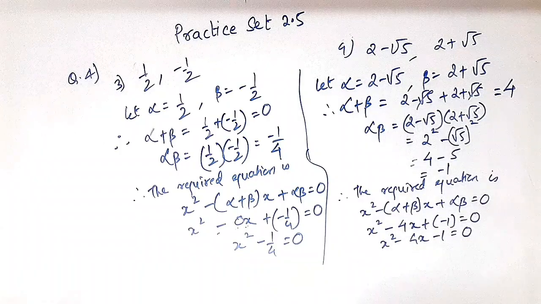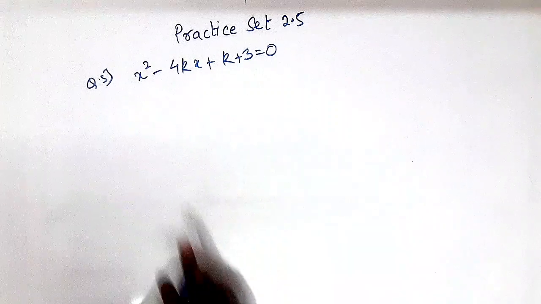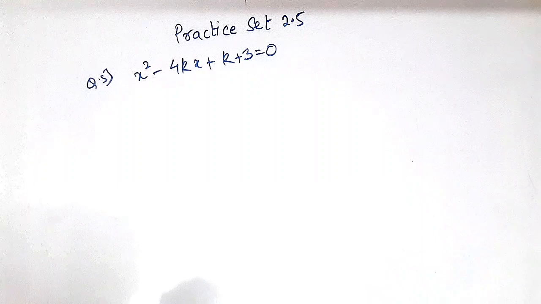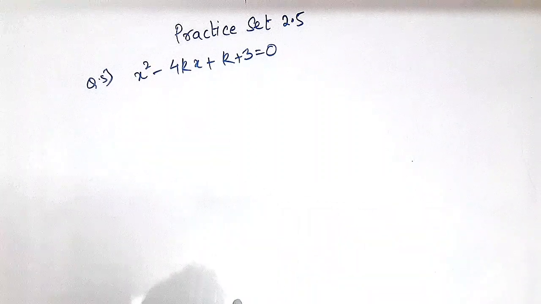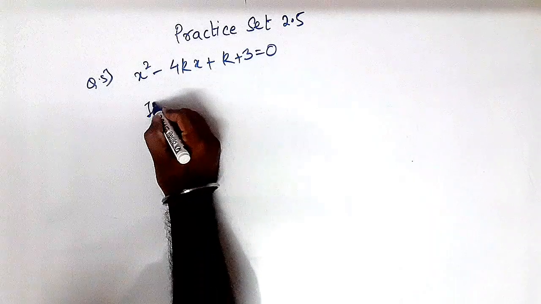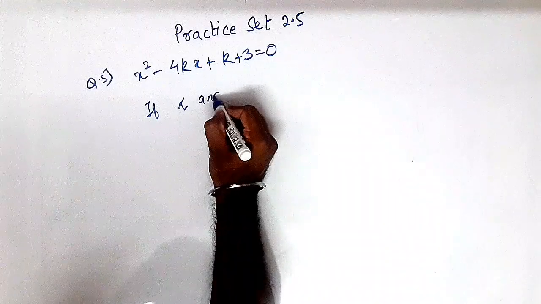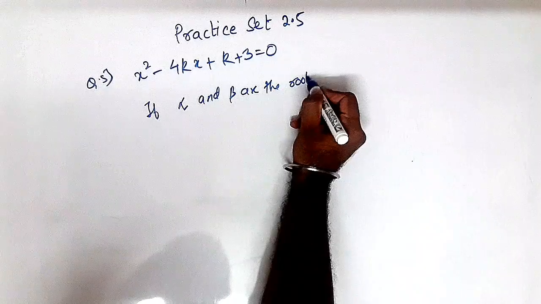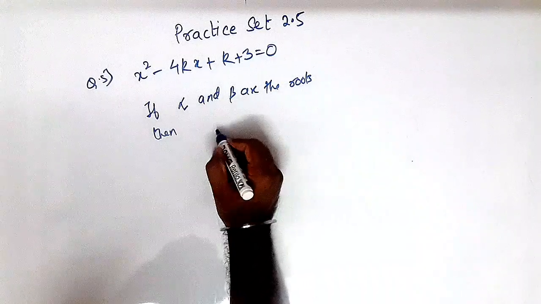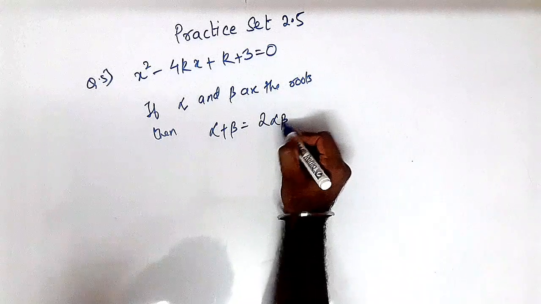It is very easy. Okay, then okay, we have to find here k, and they have given that the sum of the roots is double the product of the roots. Okay, so if alpha and beta are the roots, then sum of the roots is equal to double the product of the roots.